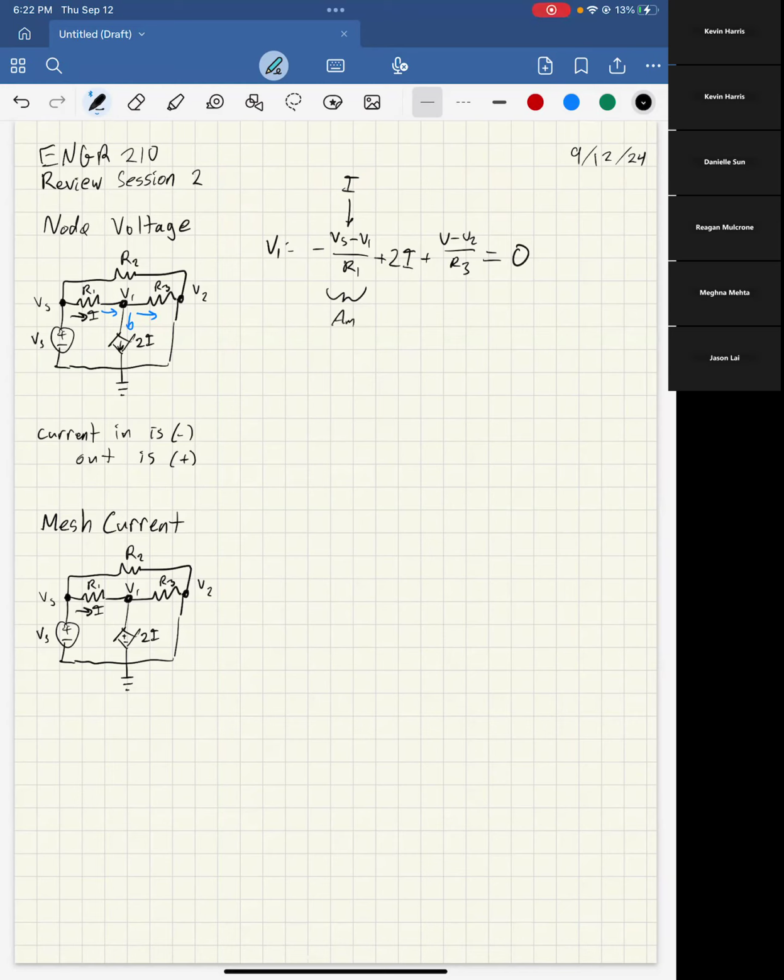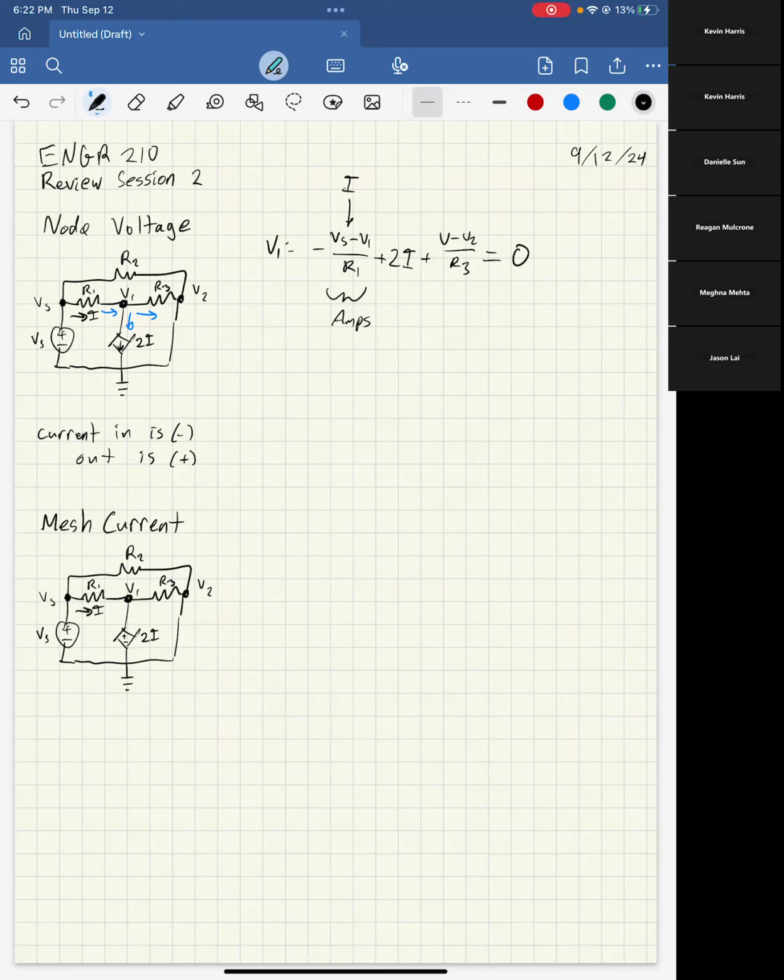So if you're dealing with currents, node voltage is often better. If you're dealing with a lot of voltage sources, then mesh current can be better. It's not that cut and dry, because as you'll probably see in class, sometimes current sources can make mesh current very easy. But for now, especially with dependent sources, it's pretty good to say that as a rule.